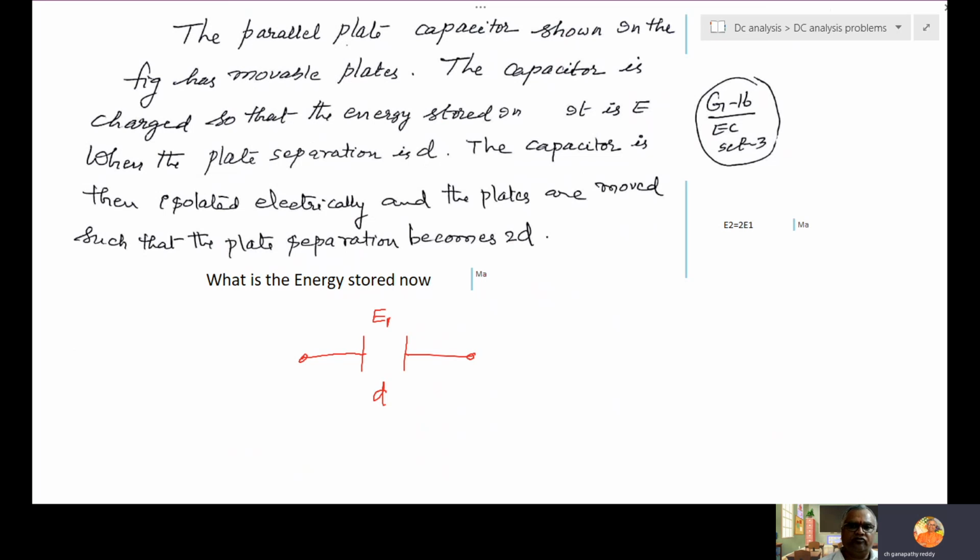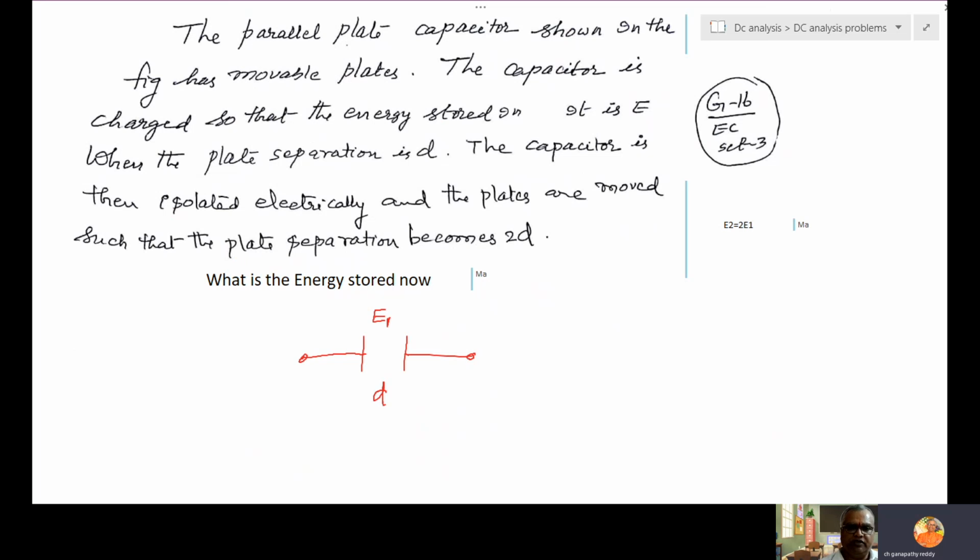Next, after it is charged and has energy E1, it is disconnected from the power supply, electrically isolated, then plates are moved such that plate separation becomes 2D.